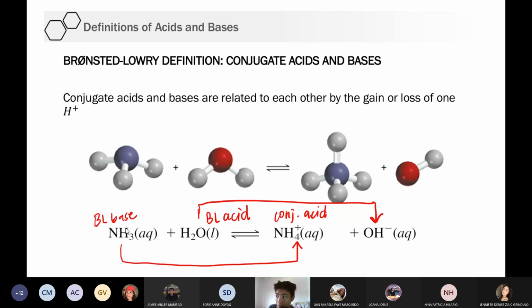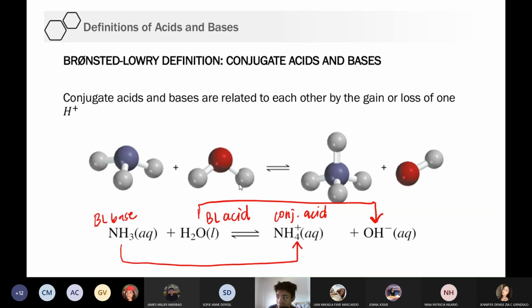So, itong NH3, ito yung base according to the reaction. Itong NH4, yun na-produce ng NH3 as it accepts the proton, it is now called the conjugate acid.